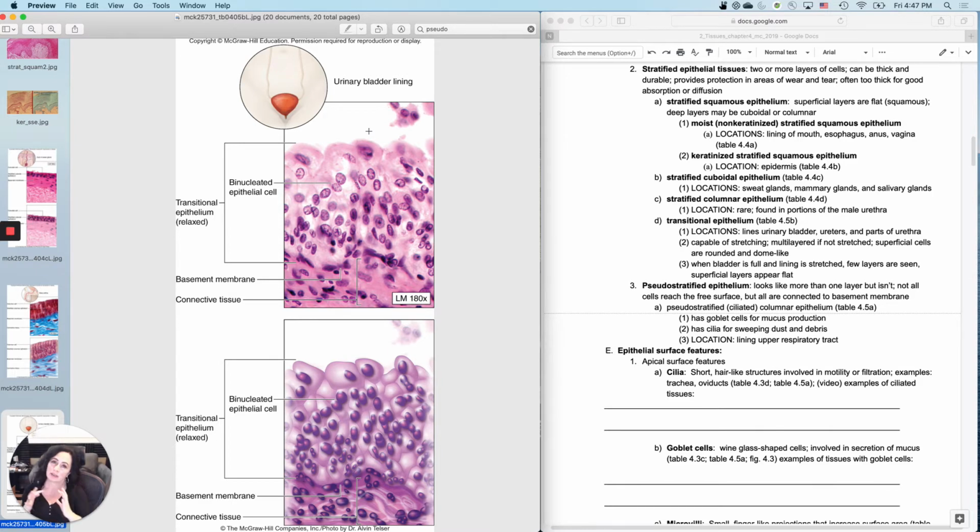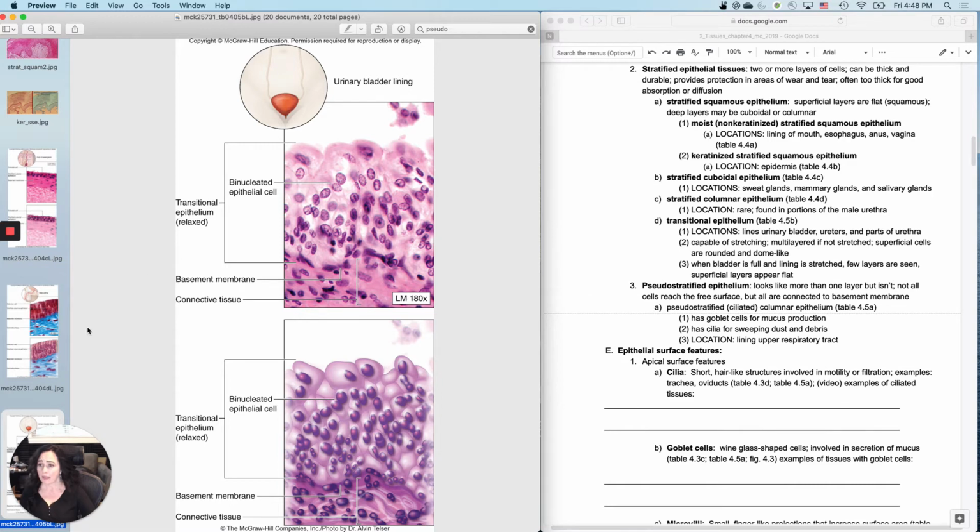But as far as the middle word, the shape of the cell, this tissue is found lining the urinary bladder, and it looks like this with these dome-shaped cells when it's empty or not stretched. But when it's stretched, it actually kind of looks like moist stratified squamous epithelium. So I don't usually ask it of you in the stretched format because it's really hard to tell from the other one. So this one is called transitional epithelium. It doesn't have the traditional naming mechanism, but it is actually a stratified tissue.